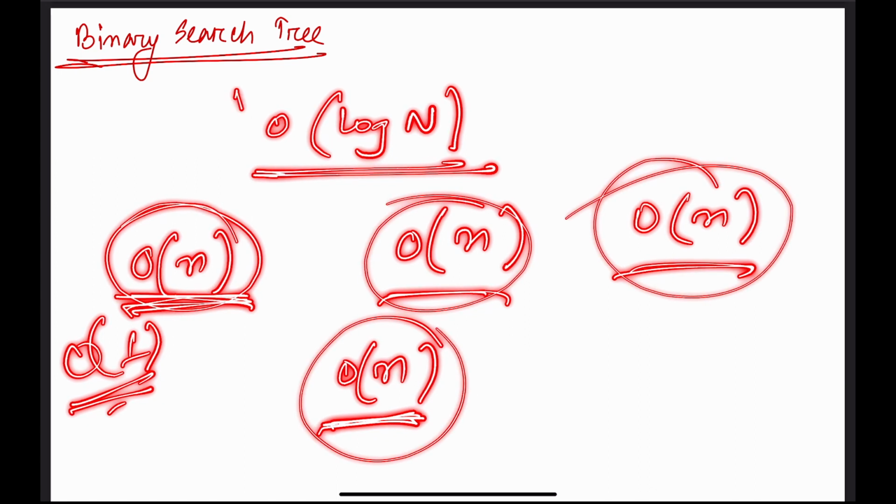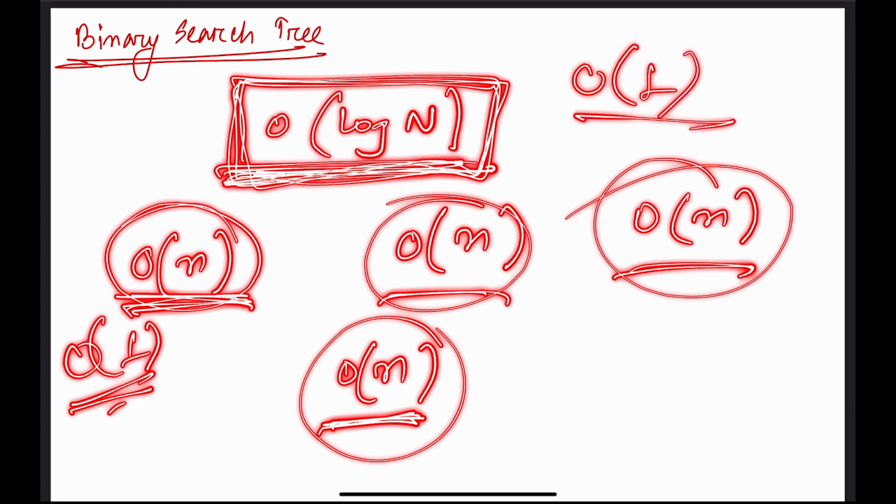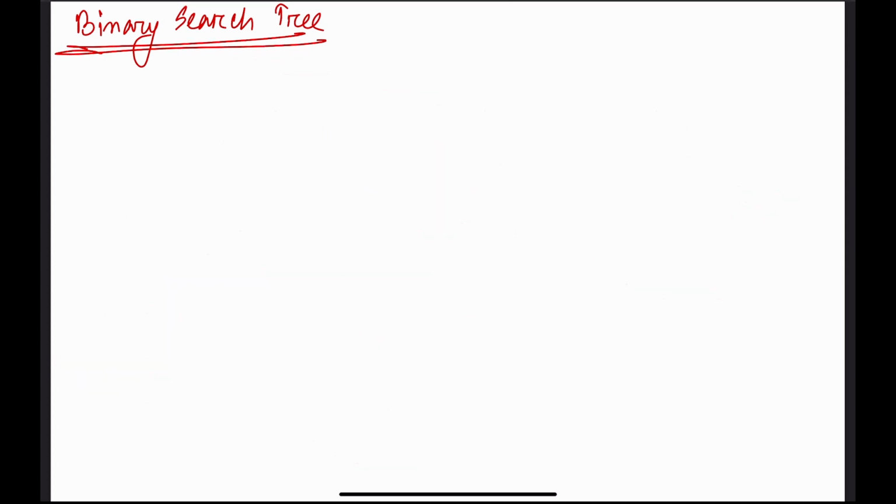But in a binary search tree, the average case and the worst case would be O(log n). So obviously, if the time complexity is O(log n), it is very efficient in searching.